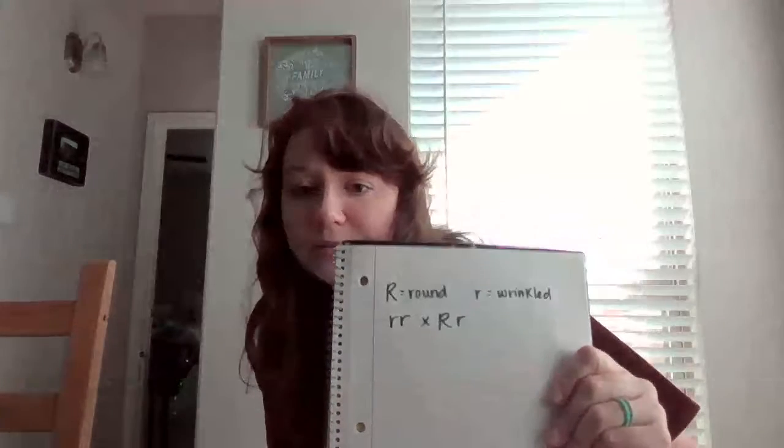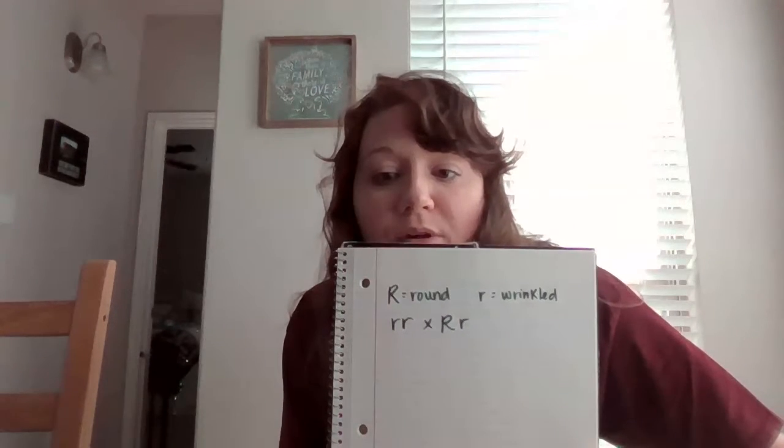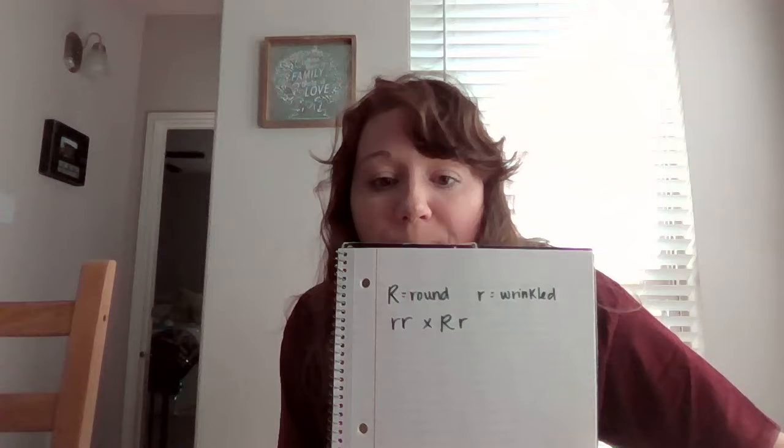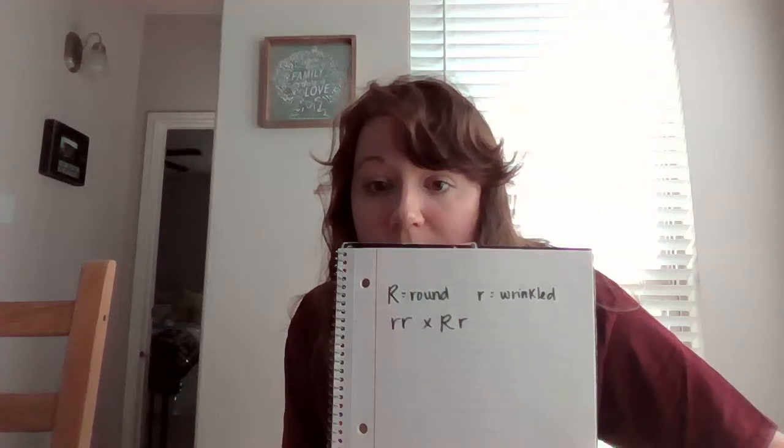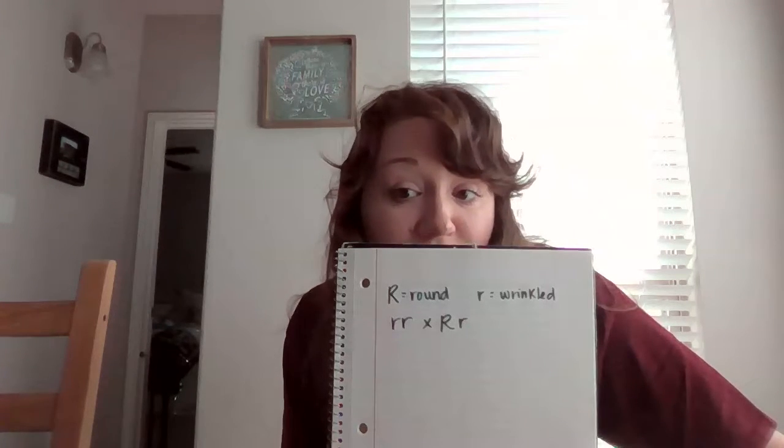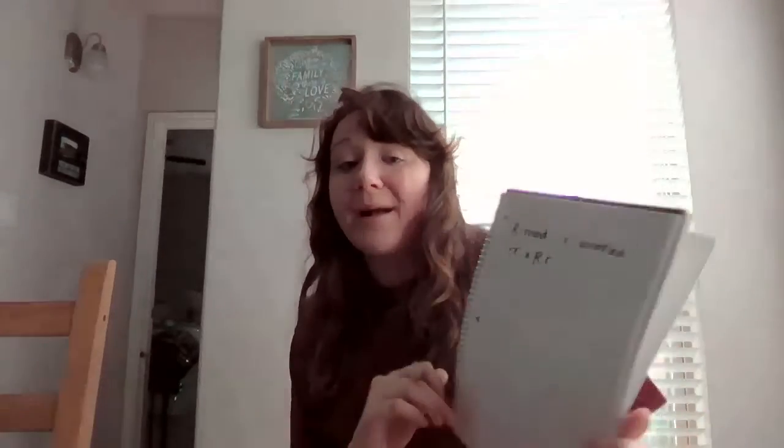A wrinkle-seeded plant has to be homozygous recessive, so it's a cross between a lowercase r and a heterozygous, a capital R with a lowercase r. Okay, so that would be the two genotype crosses. Now they want to know the ratios that can be expected, so that means their offspring.